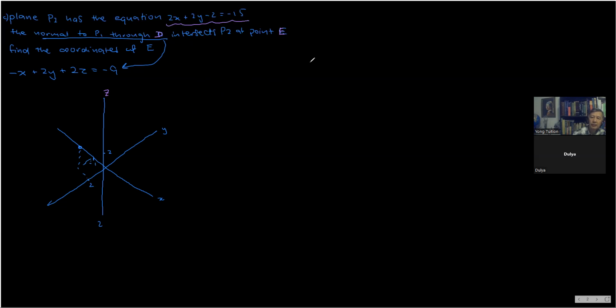It's good to know what we are doing. So their intersection will be a straight line, right?